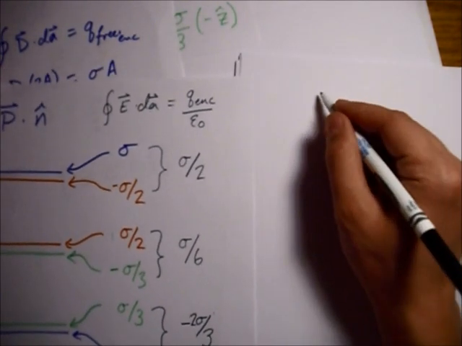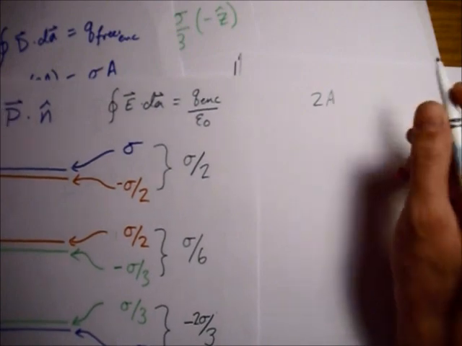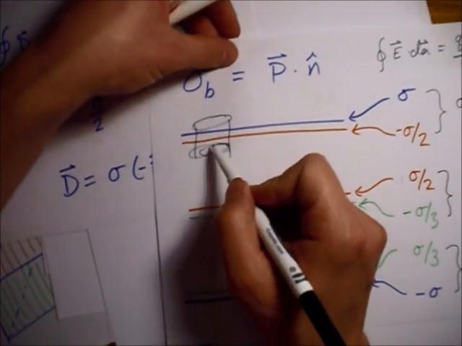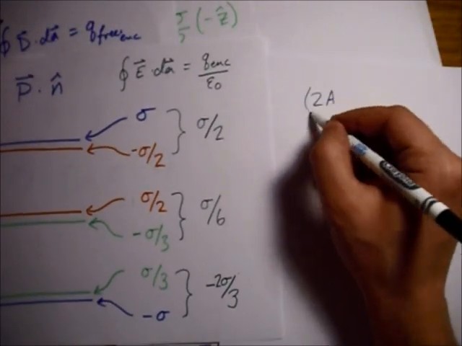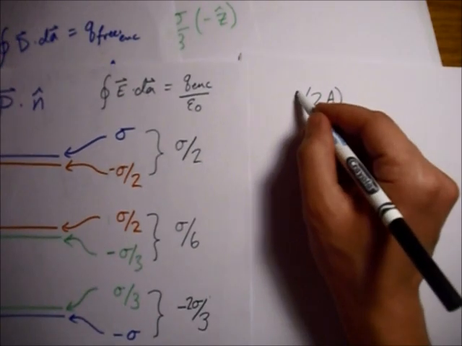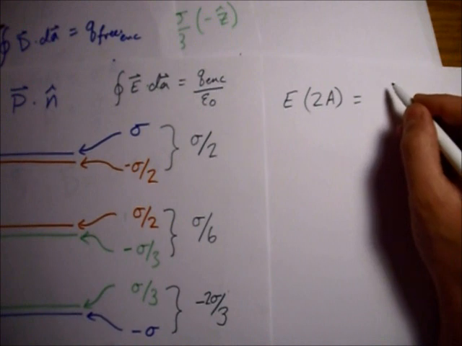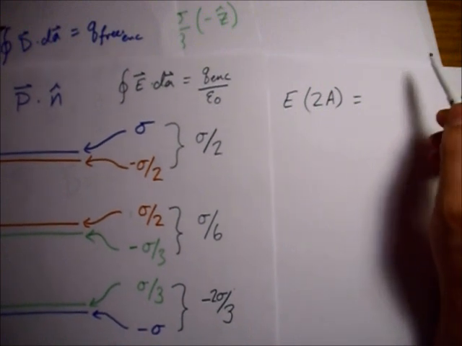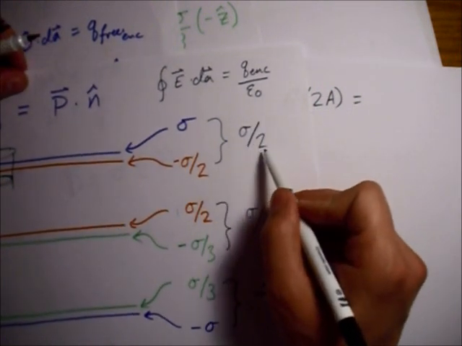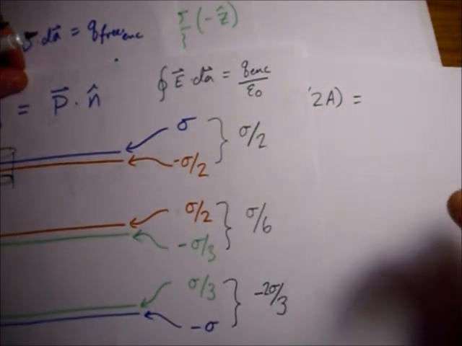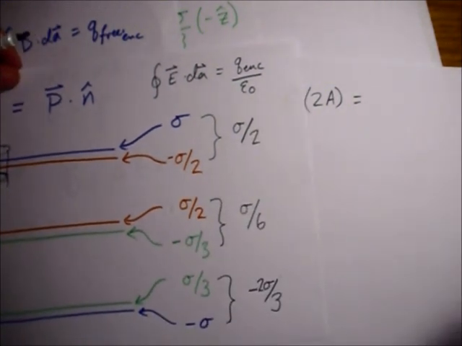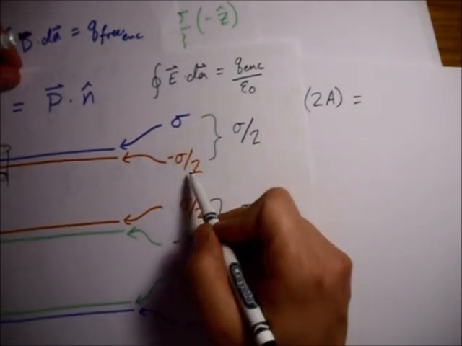That's a 2A if the top and bottom each have a surface area of A. 2A, and then we have an E. The charge enclosed is this sigma over 2 now, the combined charge density of the free charge and the bound charge.